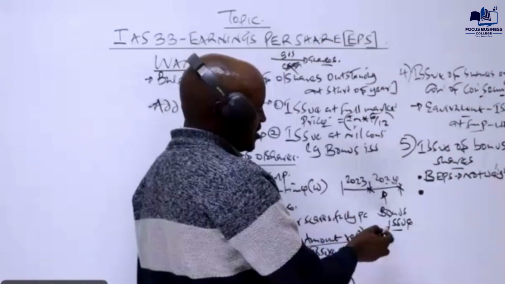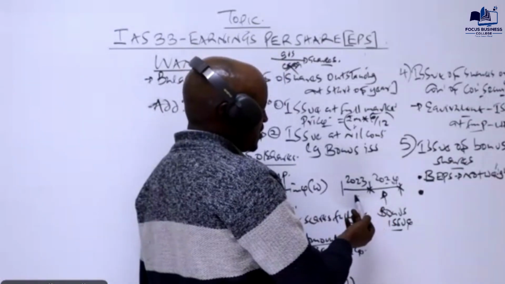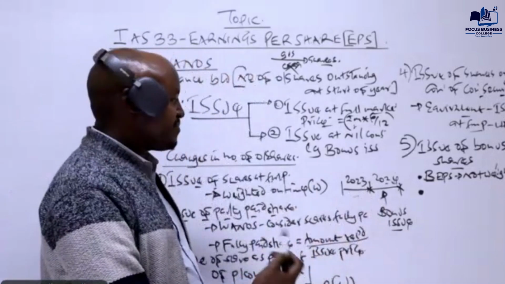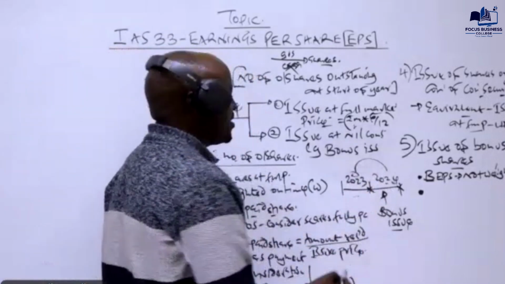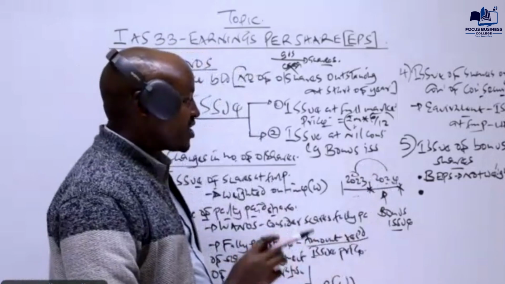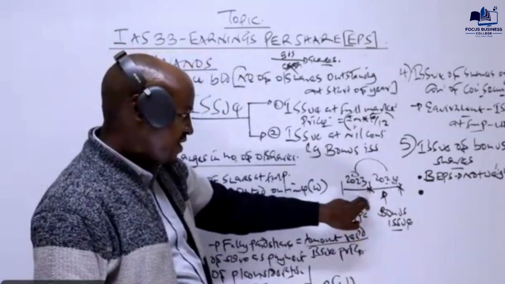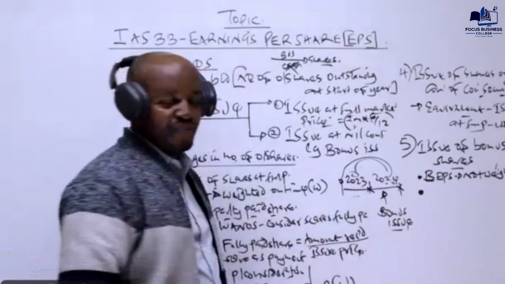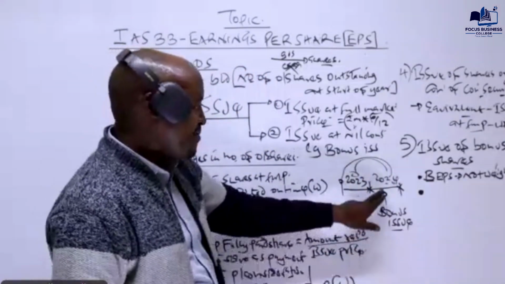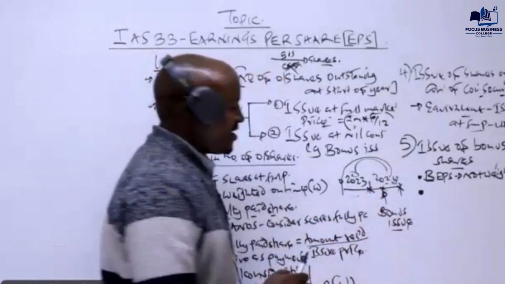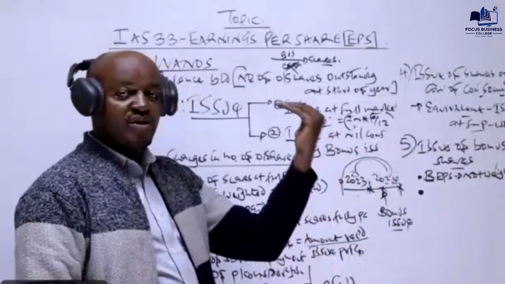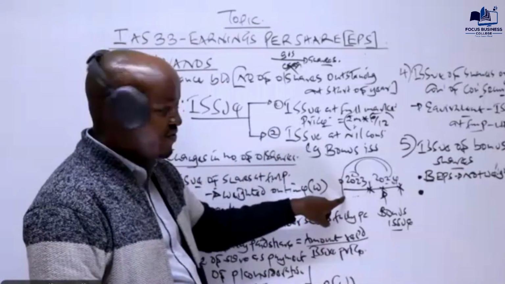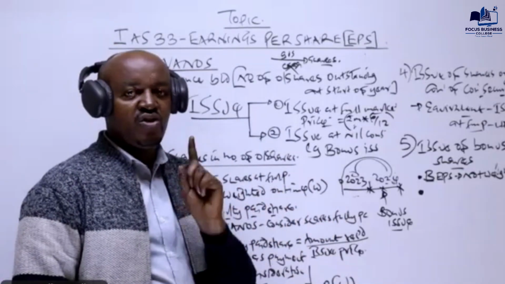Now, in this case, if you are given information about the previous financial year, that is 2023, equally we assume the shares were issued at the start of 2023. So if the company made a bonus issue in the course of the current financial year, and you are given information about the previous reporting period, then we assume those shares were issued at the start of 2023. What is the implication of that assumption?